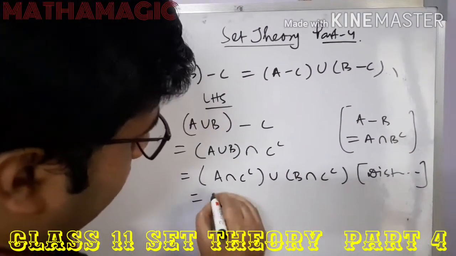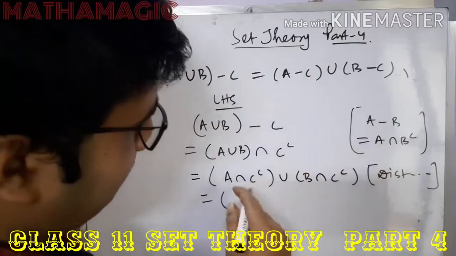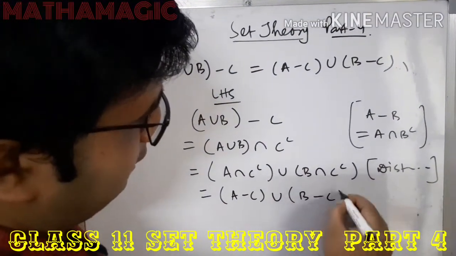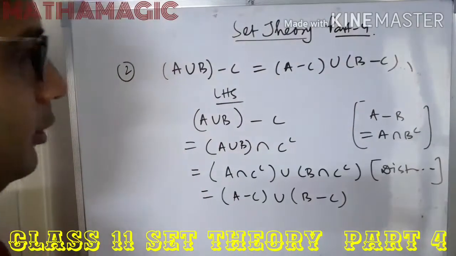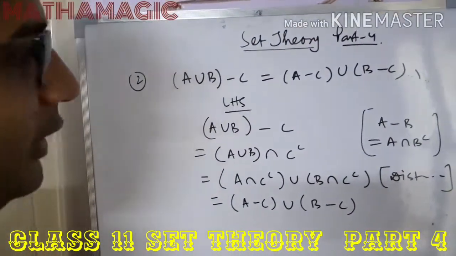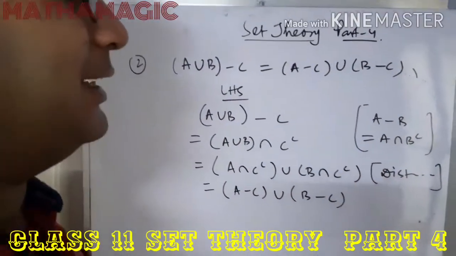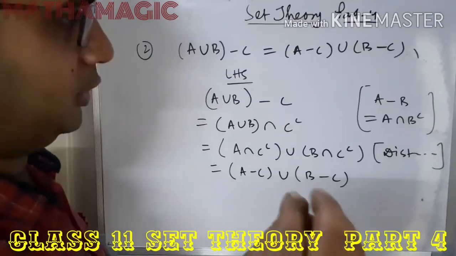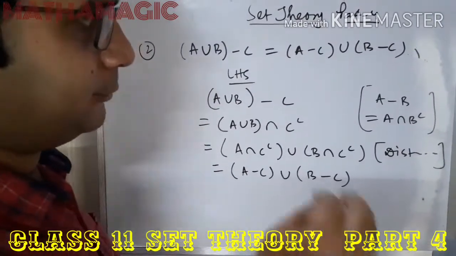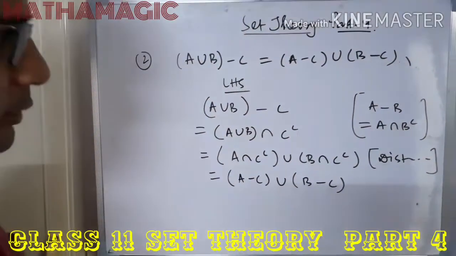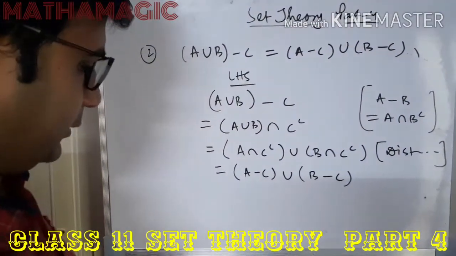So by applying the same law, we can write (A minus C) union (B minus C). You can see and compare. So this is how these problems can be done very easily. And you can see that the same laws are getting used again and again. So you need to remember the names of the laws, and how to use those laws in problem solving. So we'll move to the next problem.